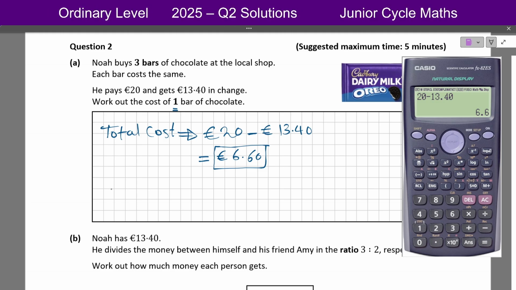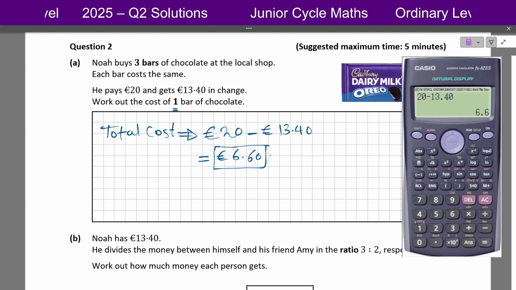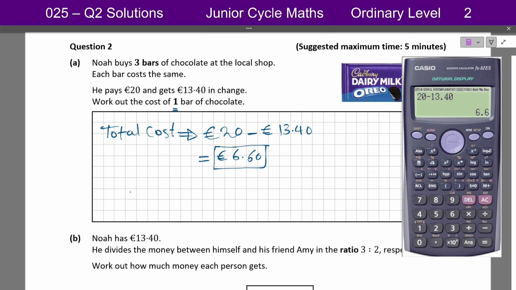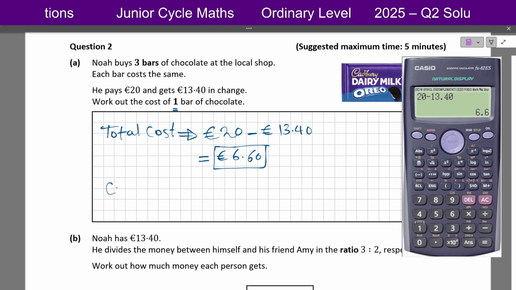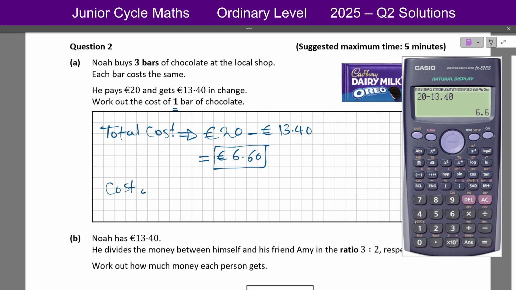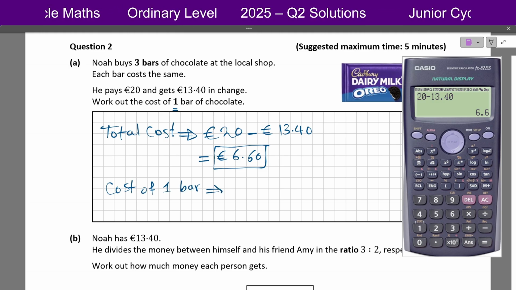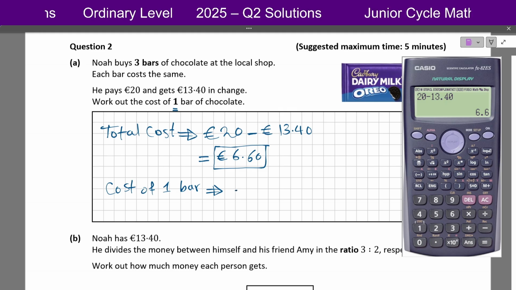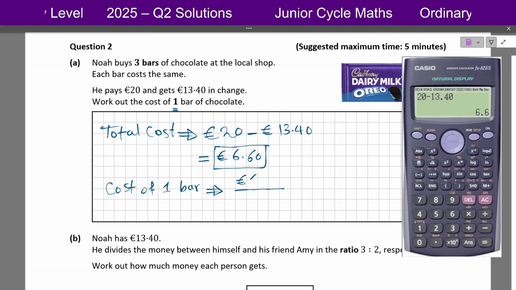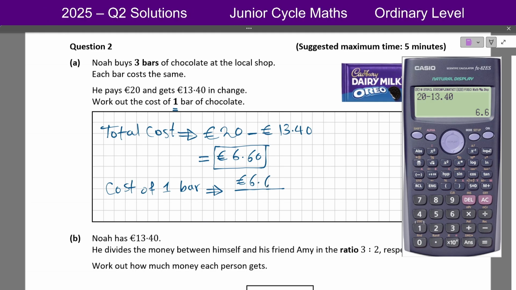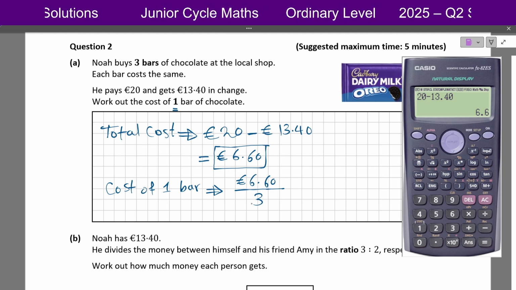The answer is very simple: we just divide this amount by the number of bars that we have. So we say cost of 1 bar. We write down the total cost, which is 6 euros and 60 cents, and then we divide this number by 3.